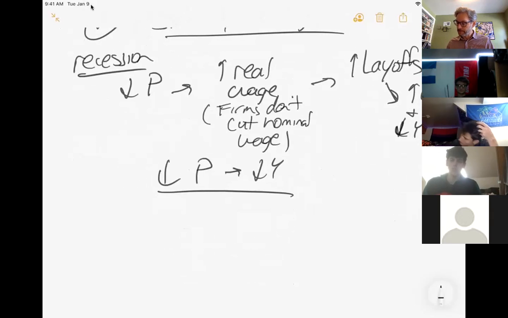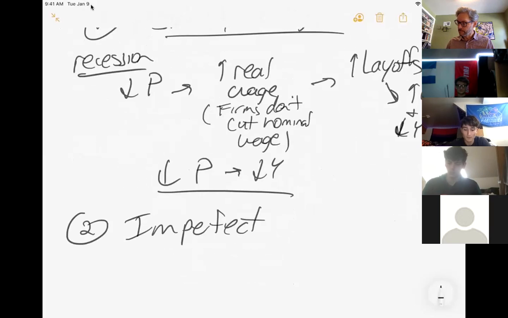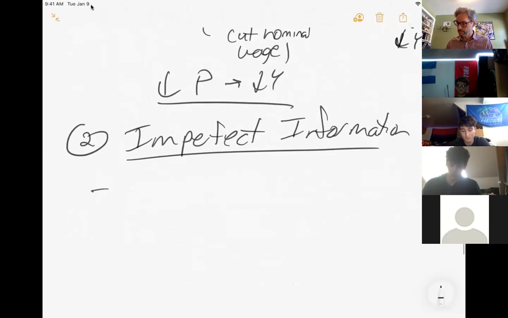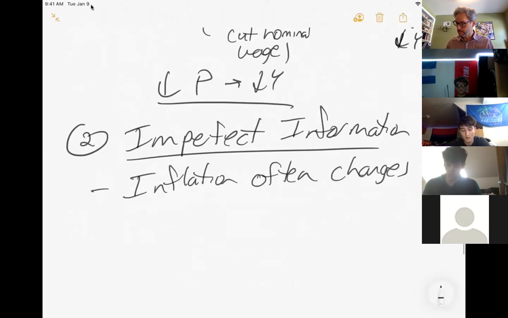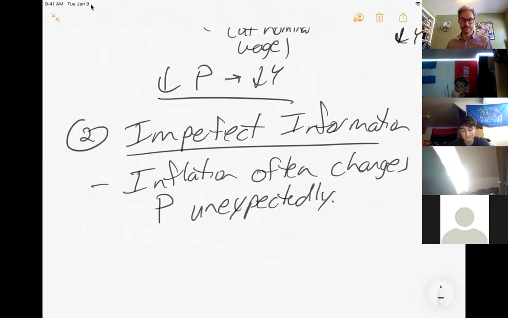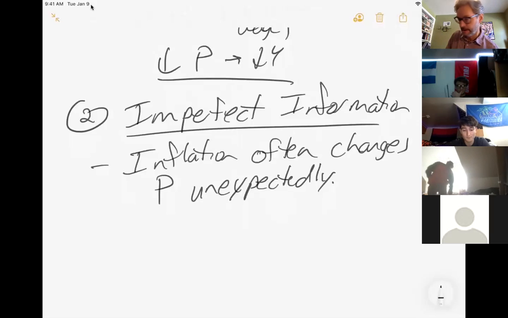We also talked about the problem of imperfect information. I don't feel like I explained this very well this morning, so let me give it another shot.